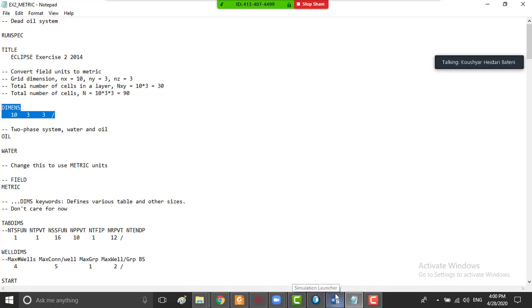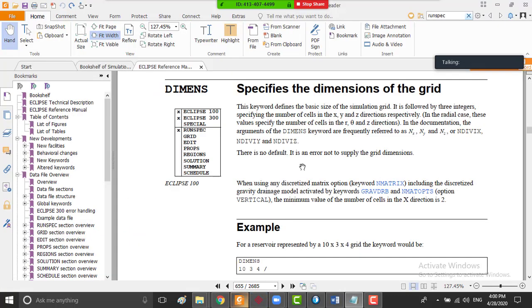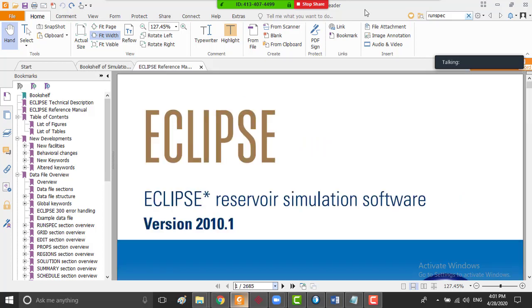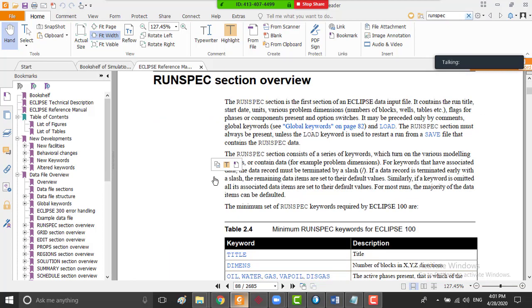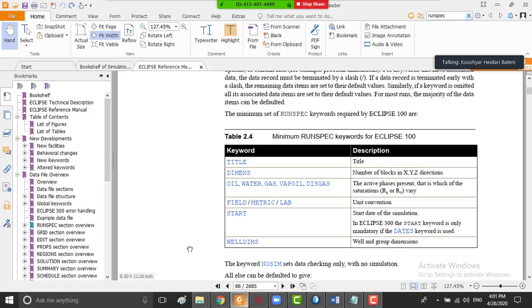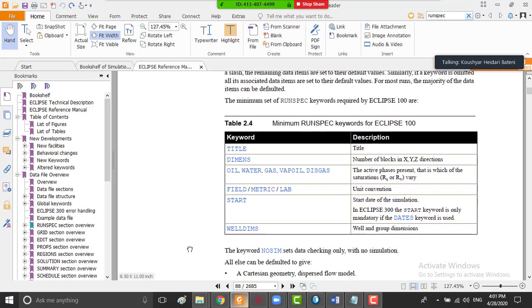Now, after that, the keywords that specify the fluid phases available are simple and basic.